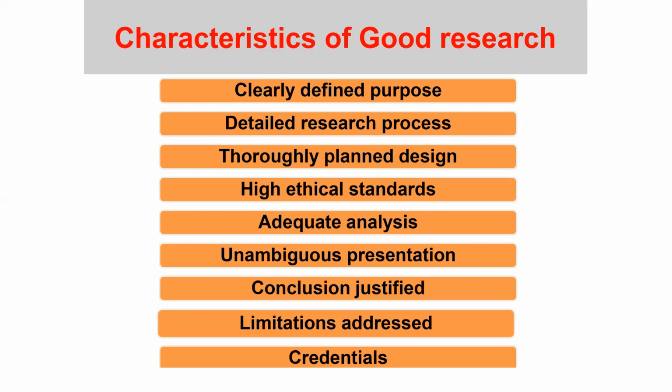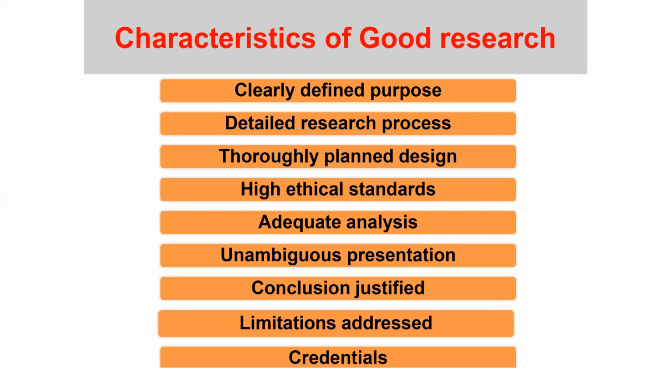Adequate analysis: you adopt proper tools to analyze your data. Unambiguous presentation: your presentation has to be very clear and vivid, in a way people can understand. There cannot be a double meaning or unclear presentation, with people getting confused while reading your research work.